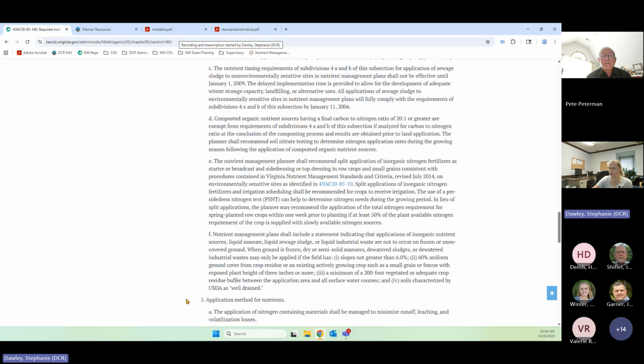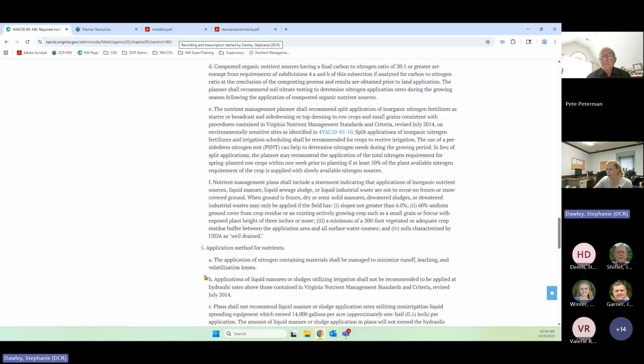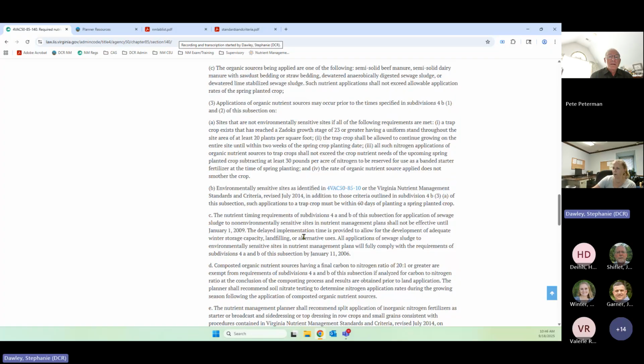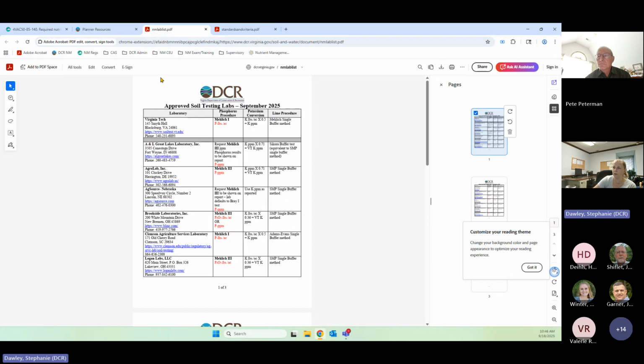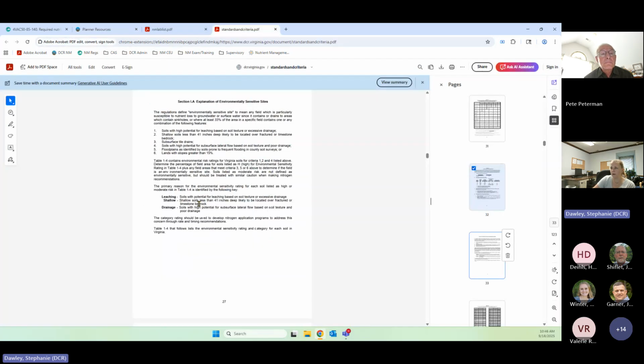And I think I just way jumped ahead of myself on that one. I did. So we're going to backtrack a little bit and still talk here about our 90 days. So for sites that are not environmentally sensitive, you can also put manure on them in the winter as a trap cropping situation, if your wheat has grown to stage 23 or more of the Zadoks growth stage, which is also listed here in our standards and criteria.